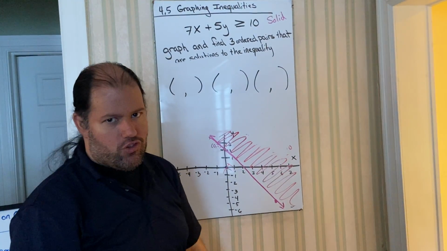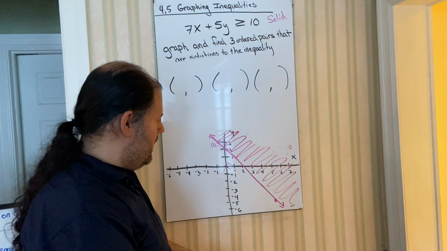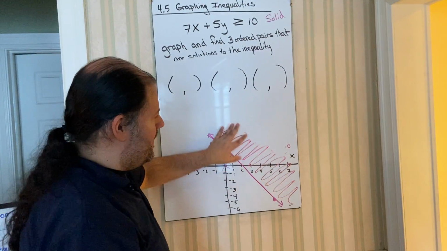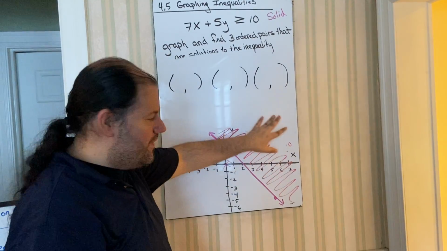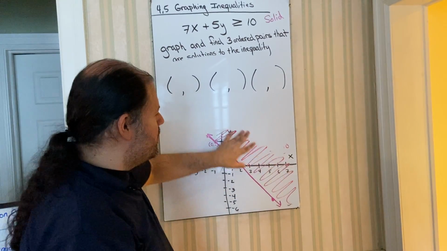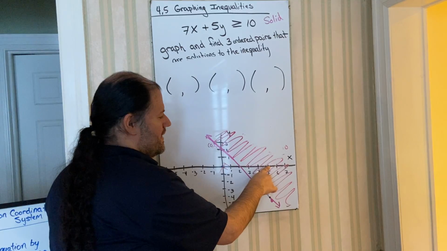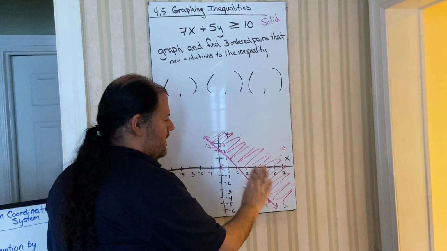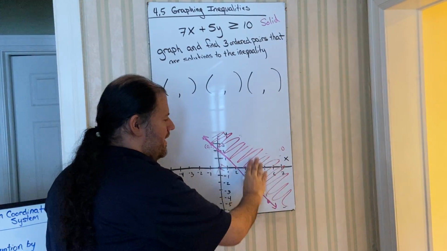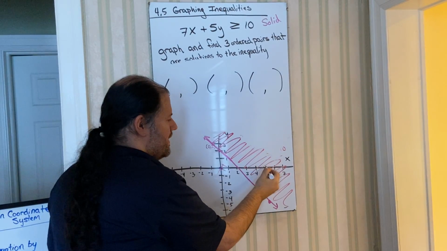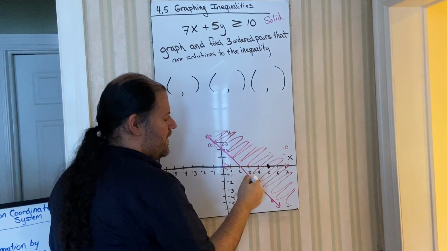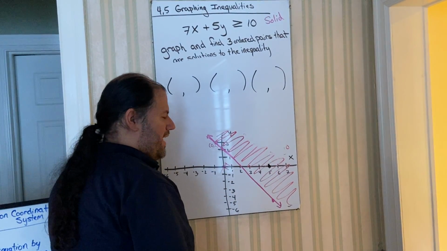Well, instead of me trying to randomly grab something, let's grab points here. Remember, anything on this side would be true. So this, not on the boundary line, in the red colored in zone, that's a good one to grab. What's the ordered pair for that mark?